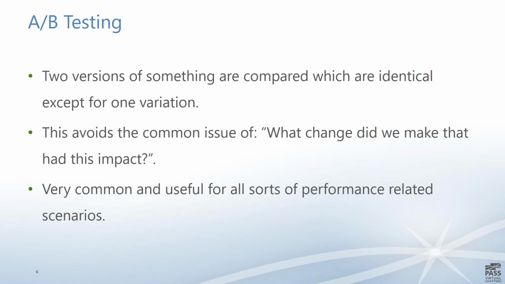I want to stress that point, because a lot of the time what happens is that people start to try to throw things at the wall and see what sticks. And then when something sticks, we don't really know exactly what it was that did it, right? So sticking with this workflow where I measure a baseline and then I measure against it with only one variation helps us avoid this common issue of, well, what change did we make that had this impact?